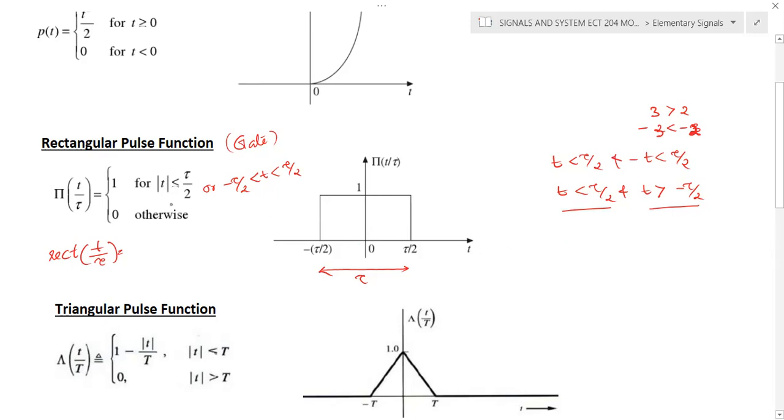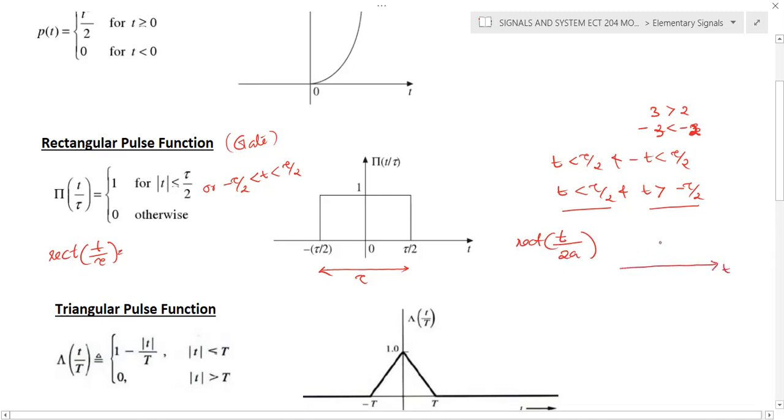So similarly, if you are using, for example, a rect of t by 2a, it is written something like this. The function you need to plot, this is 0 towards the right, and the total width of the pulse is 2a.